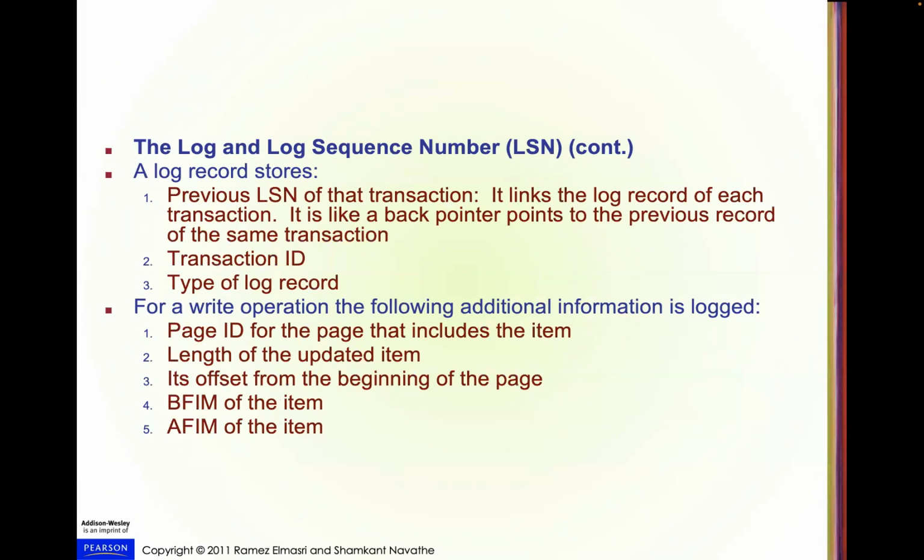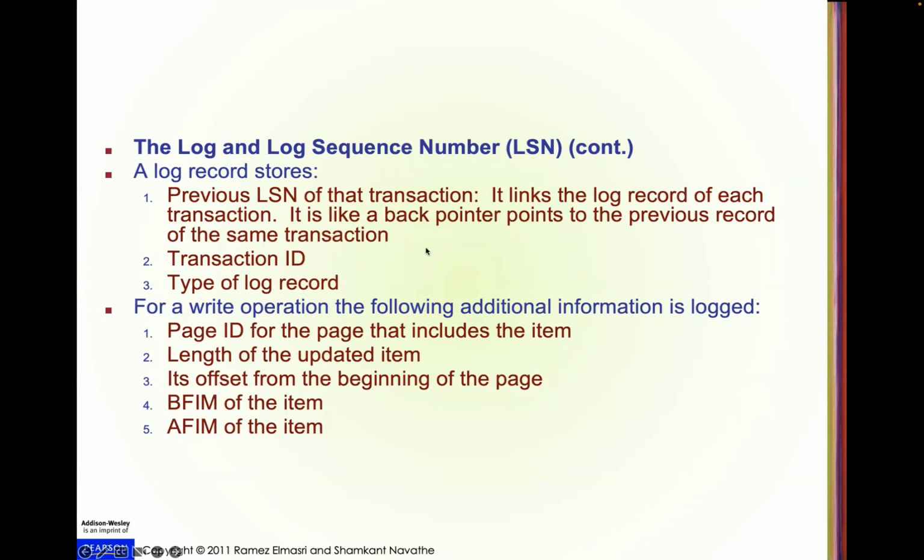Now, let us see what a log record stores inside it. We just said it is going to have a previous LSN, a transaction ID, and the type of the log record. Previous LSN, why do we need it? It links the log records for each transaction, right? It's like a back pointer to the previous record for the same transaction.